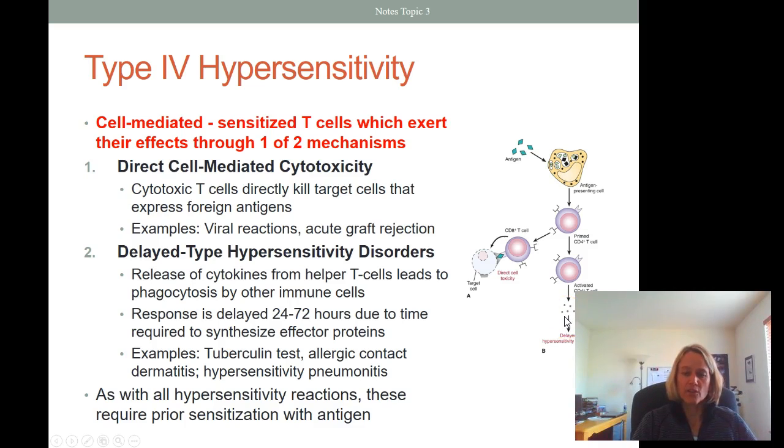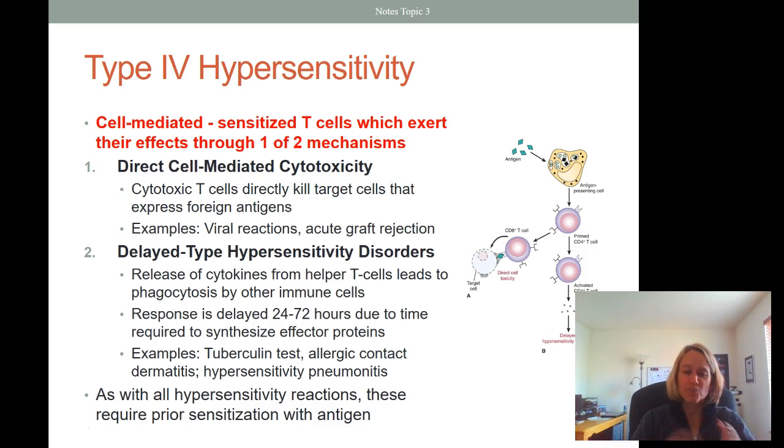Examples of this include the response you see with a positive TB test, or allergic contact dermatitis, such as with poison ivy, and hypersensitivity pneumonitis. As with all hypersensitivity reactions, these reactions require a prior sensitization with the antigen.